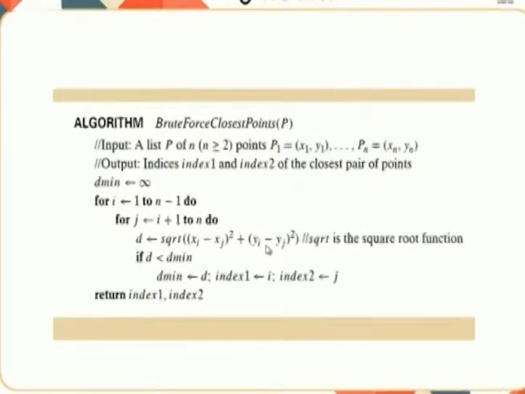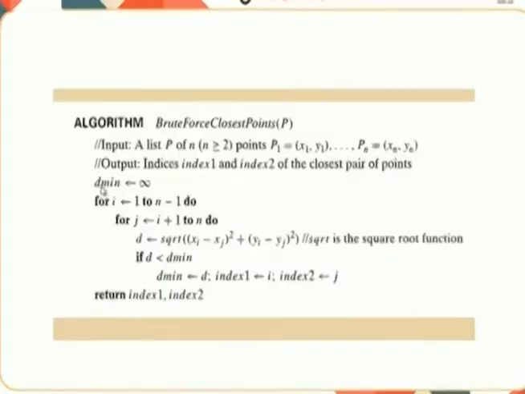So, I will compare the first element with the second element, with the third element, etc. Now for these points I am going to compute the Euclidean distance, and that Euclidean distance I am going to store as D. I already initialized d min as infinity, and if this d is lesser than d min, then I am going to update the minimum distance, and also take note of that particular point i as well as j.